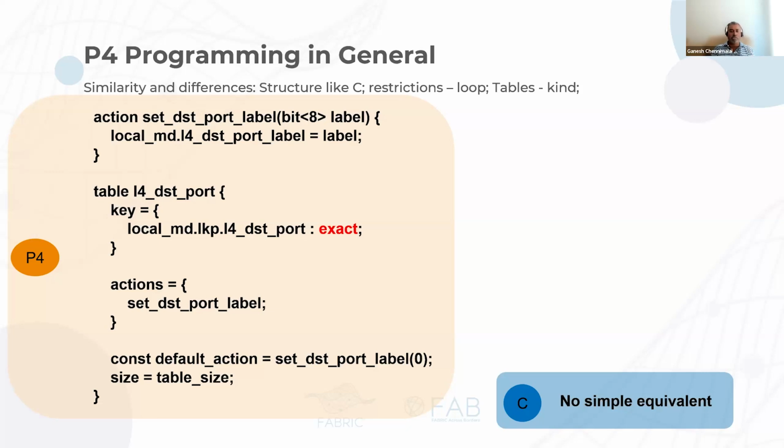On destination port, you can do a longest prefix match, exact match, or a ternary match. Ternary match is where some bits can be ones or zeros, and some bits have to be exactly matching. So it is more or less like how you say 1 star or something like that.